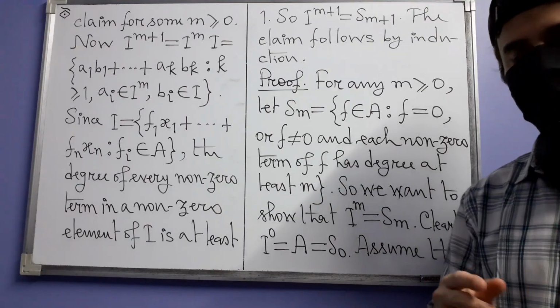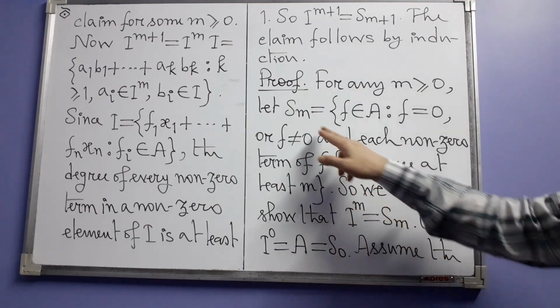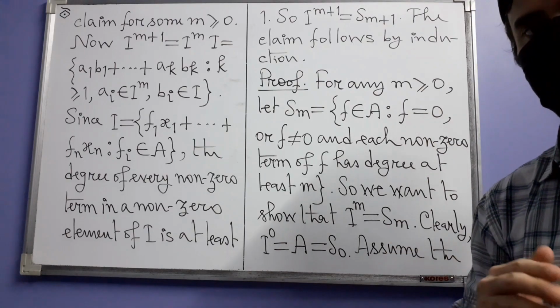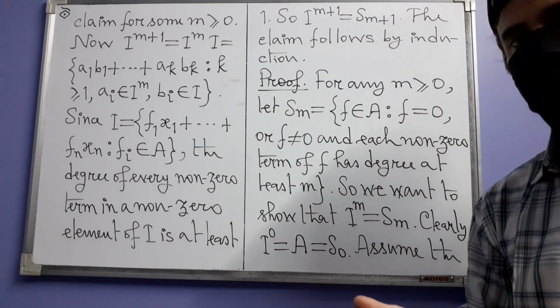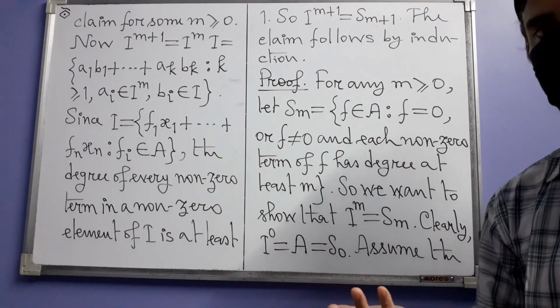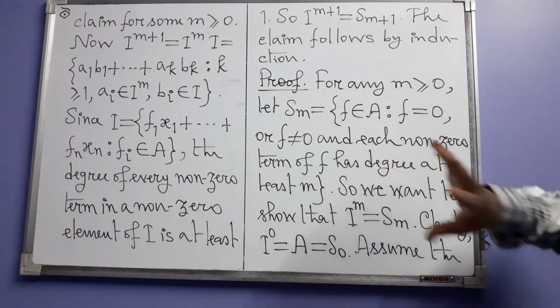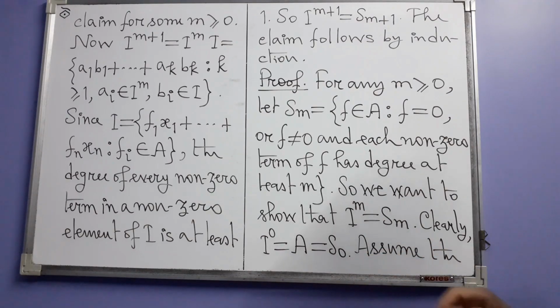In the proof, we formulate a way of referring to that set, the set of all polynomials in which the terms have degree at least m. But it's a little bit more technical than that.